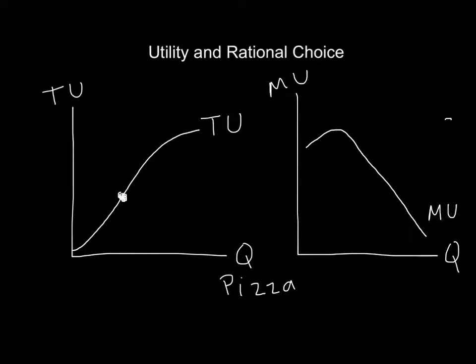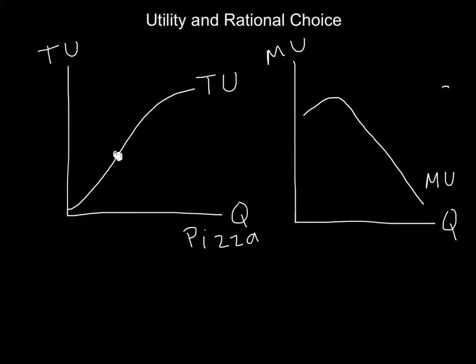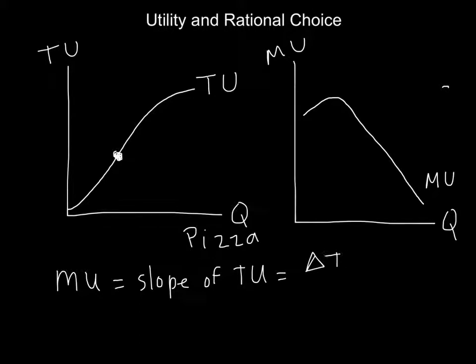Now, if we ever got to the point where marginal utility actually crosses this axis and becomes negative, then that would mean that the total utility curve was actually turning down and having a downward slope at that point. We can think then of marginal utility as the slope of total utility, which is equal to the change in total utility divided by the change in quantity.